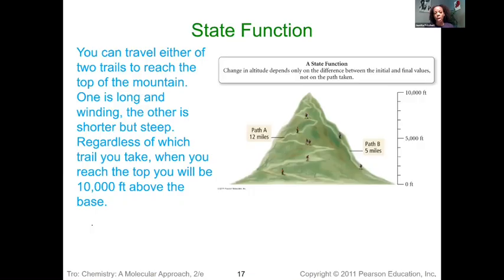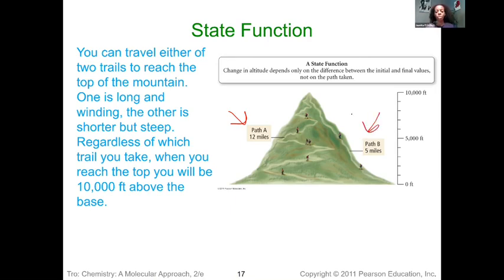To help you get a better idea of what state function means, you can look at this image here. It's a big mountainous trail that you can go up, and you can notice there are two different paths. There's path A, which seems to be a lot longer. You're definitely taking more of the scenic route, maybe stopping for a few pictures here and there. And then there's path B, which looks a little harder.